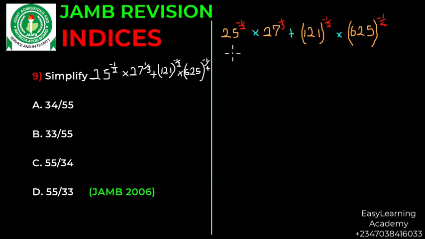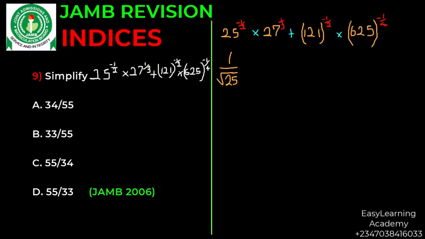So to take away the minus sign, we introduce 1 over, and the minus sign is gone. And 1 over 2 represents a square root. So we can now have it as 1 over the square root of 25. Okay, so the 1 over 2 is gone. The 1 over 2 represented this square root.